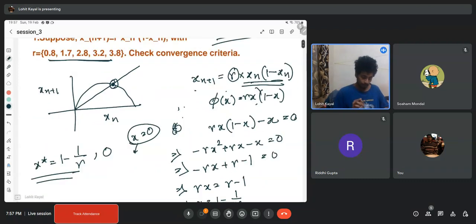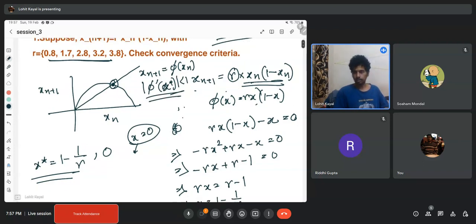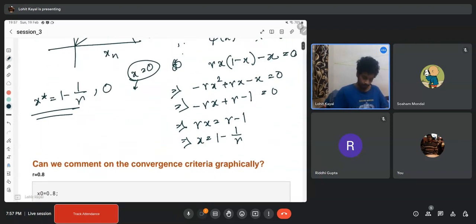Now the iteration technique will converge if I have a function of the kind x(n+1) equal to phi of xn, right? If mod of phi prime of x star is less than 1, then the solution will converge. So this is the criteria.